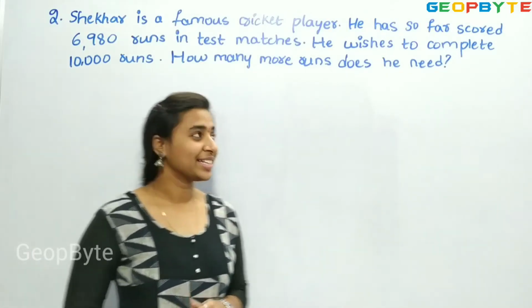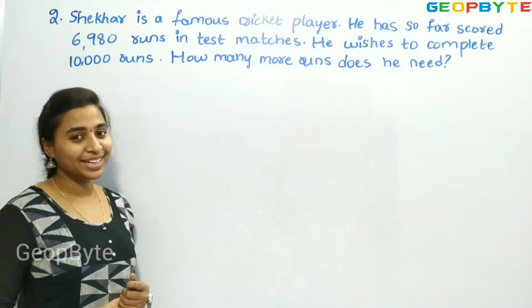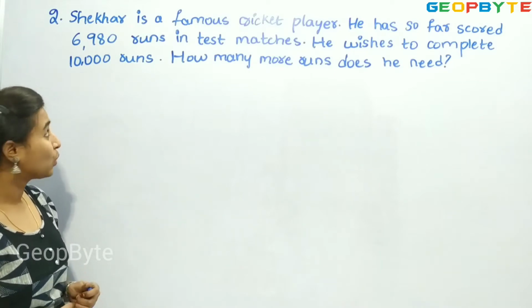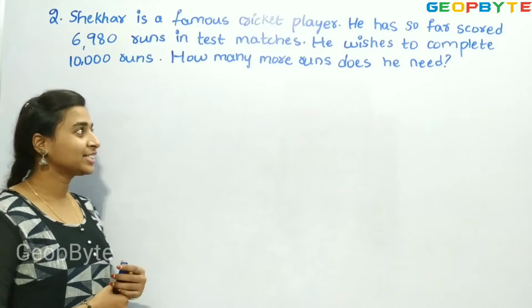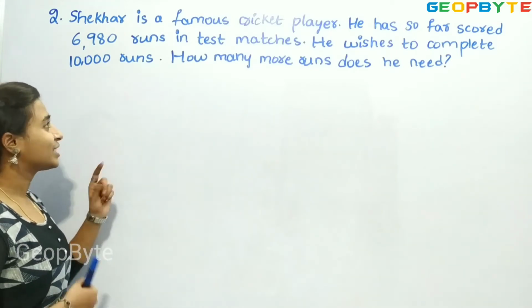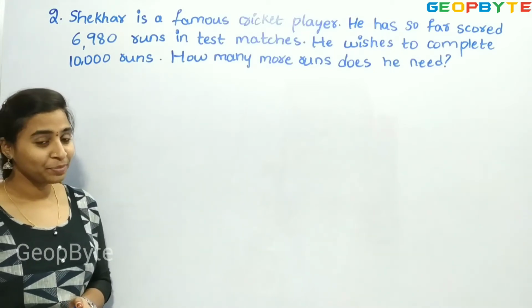Now, let us see second question. Shekhar is a famous cricket player. He has so far scored 6,980 runs in test matches. He wishes to complete 10,000 runs. How many more runs does he need? Right?